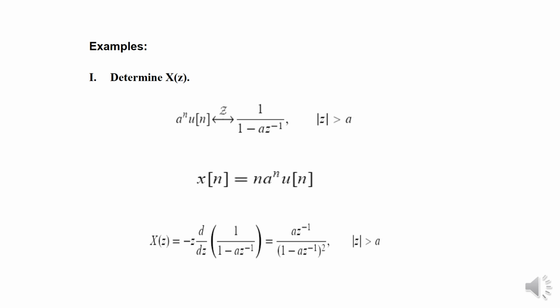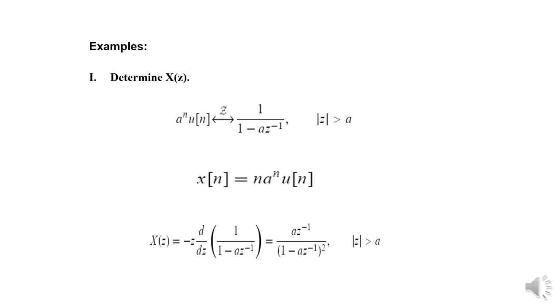dz. So therefore, here you were given the z transform of a^n u[n] as 1 over 1 minus a z to the power minus 1, where the region of convergence is magnitude of z larger than a.